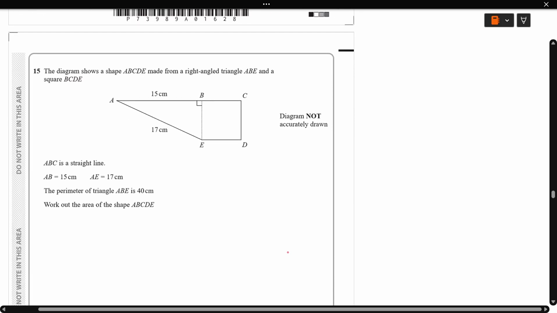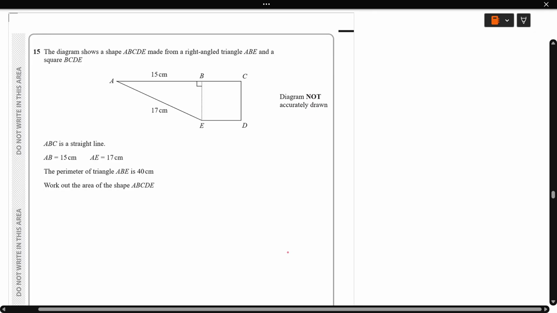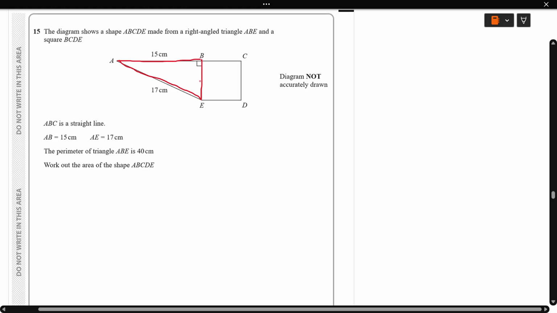The next question. The diagram shows a shape ABCDE made from a right angle triangle ABE and a square BCDE. ABC is a straight line, AB equals 15 and AE equals 17. The perimeter of triangle ABE is given as 40. So we add all the sides, equal to 40.